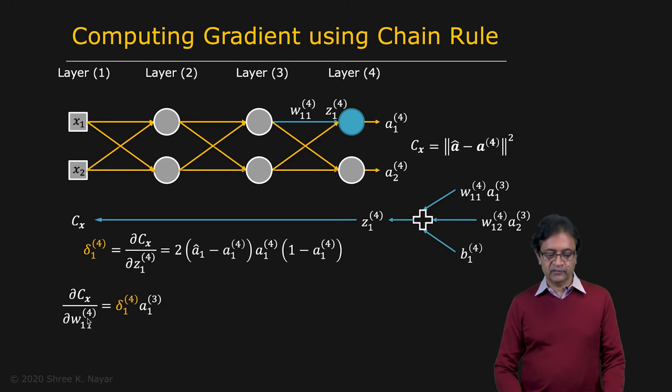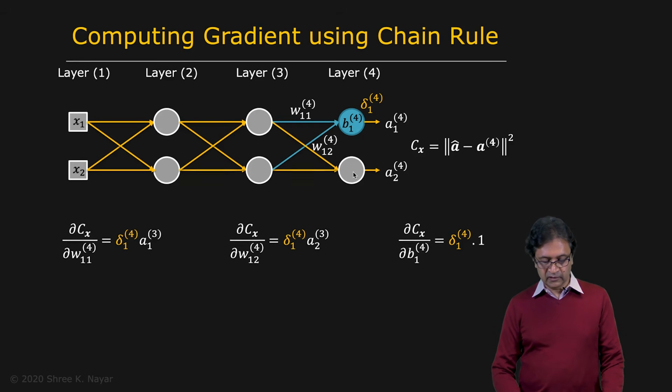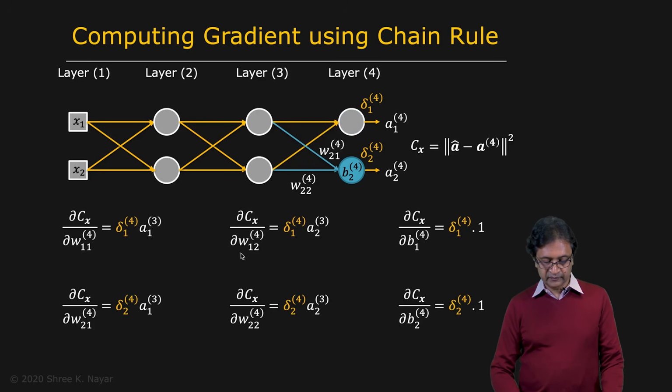Similarly, you can find the derivative with respect to W124, which uses the same delta, and B14 as well. In this case, you have a 1 here. And if you can do that for this neuron, so you found the derivative of the cost with respect to all the parameters of this neuron, and the same arguments apply to this neuron, and so you can write those as well.